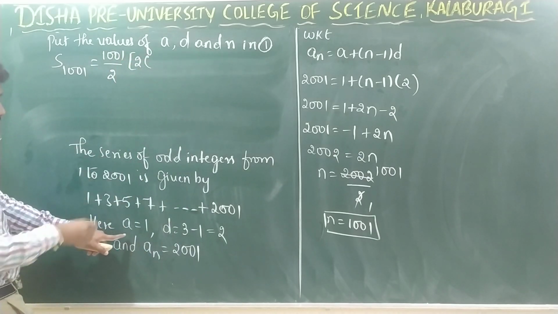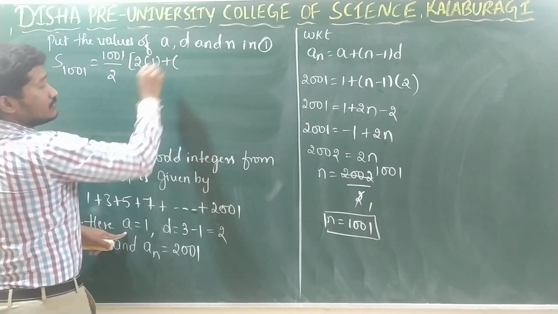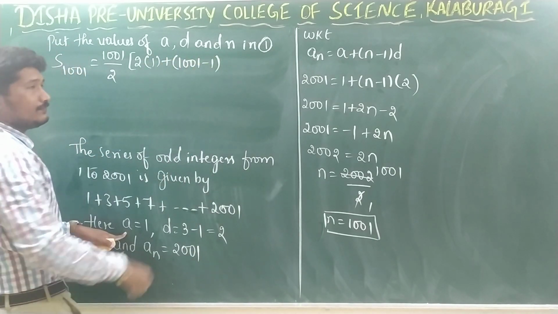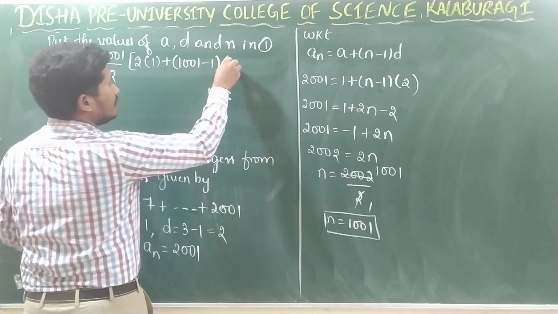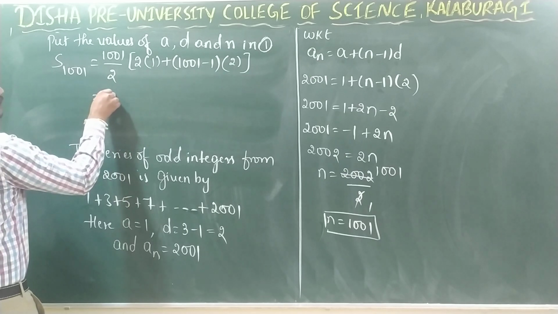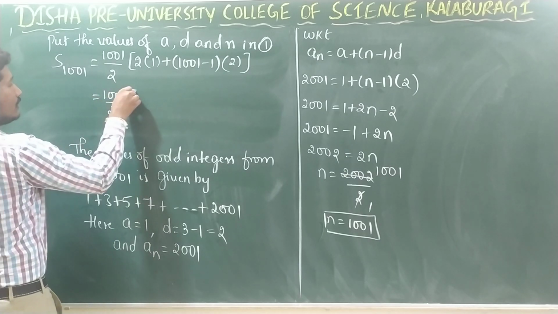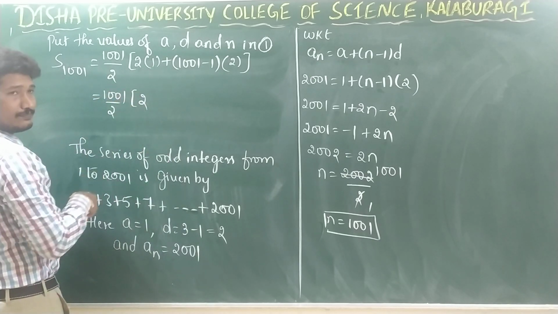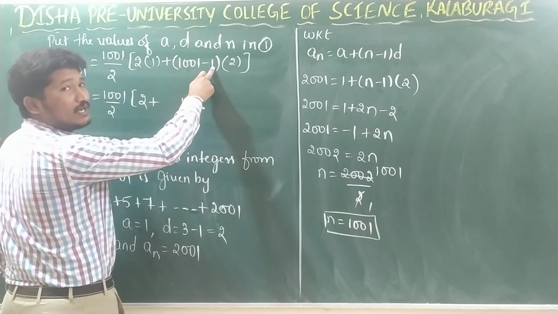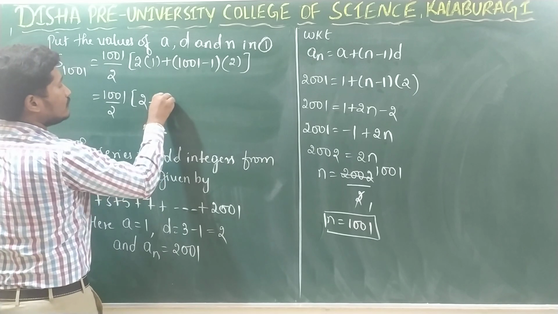What is the value of a? It is 1. What is n? 1001. What is the value of d? It is 2. So this is equal to 1001 divided by 2 into 2 ones are 2, plus 1001 minus 1 is 1000, 1000 into 2 is 2000.